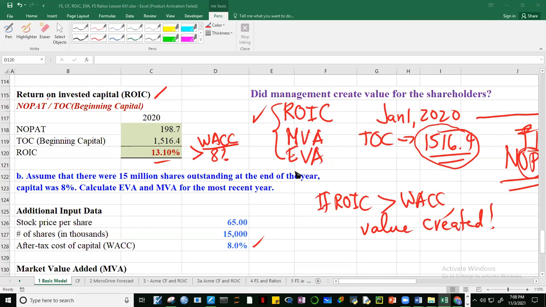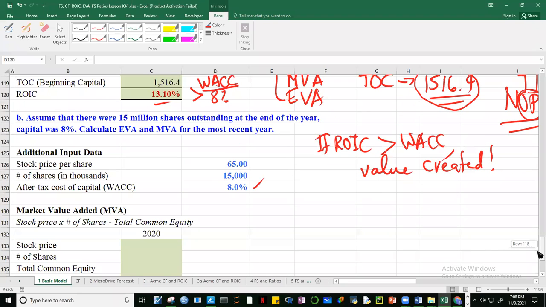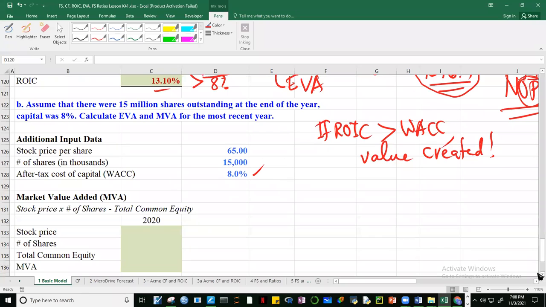Let me just at the onset tell you that ROIC, MVA, and EVA will always give us the same answers. If based on ROIC value was created, then MVA will also show that, and also EVA. These three measures will always be consistent with each other. So let's now go to MVA, market value added.